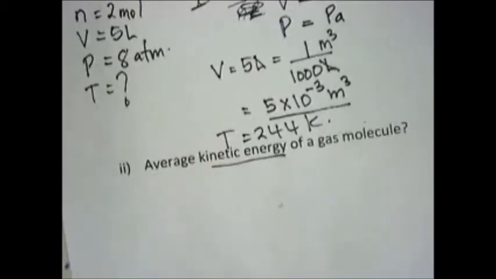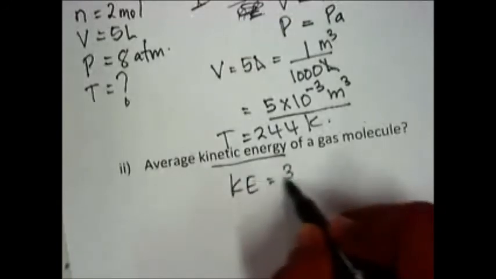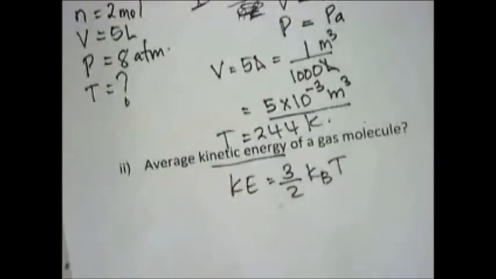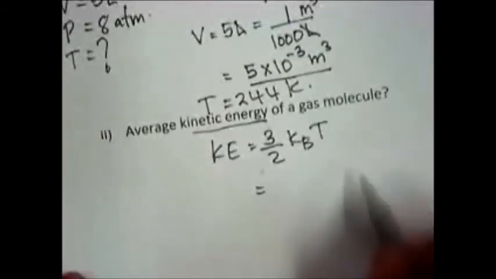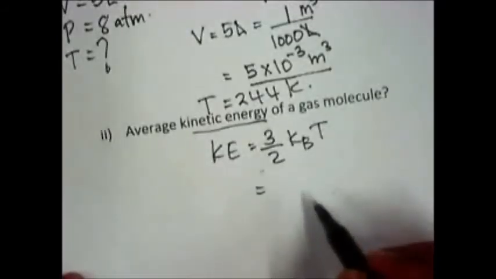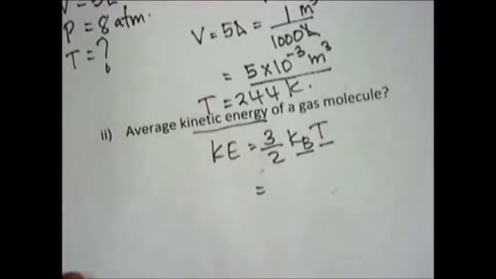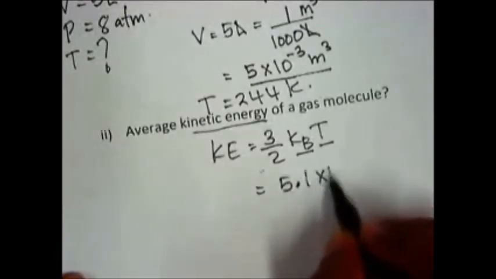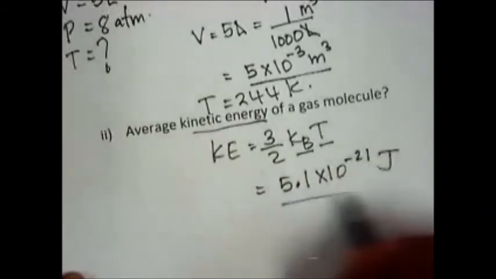Okay, and you'll see that half mv squared is also equal to 3/2 kB, which is a constant, multiplied by temperature. Okay, so once you substitute kB and temperature into your equation, you'll get your kinetic energy as 5.1 times 10 to the power minus 21 joules.